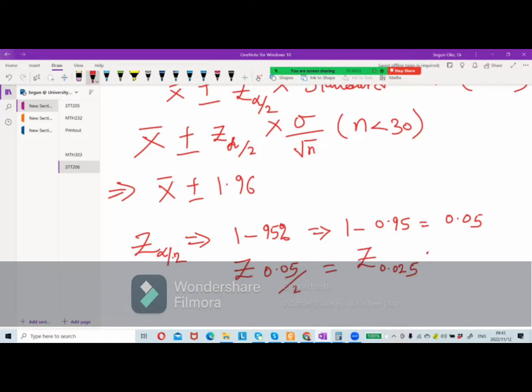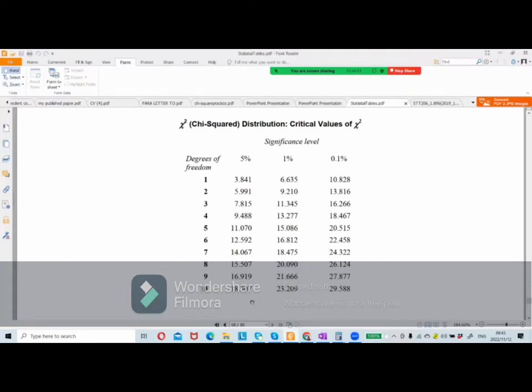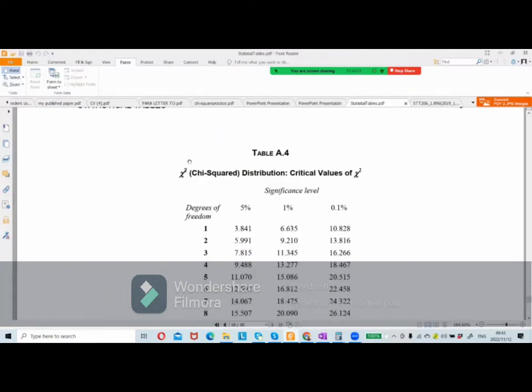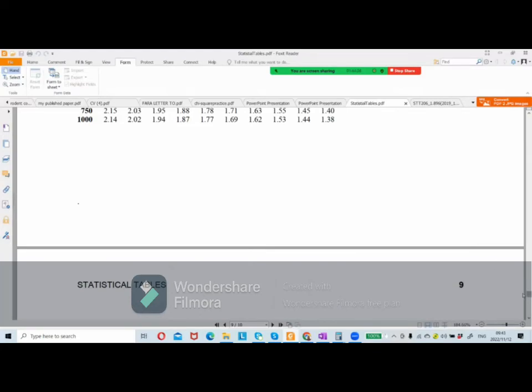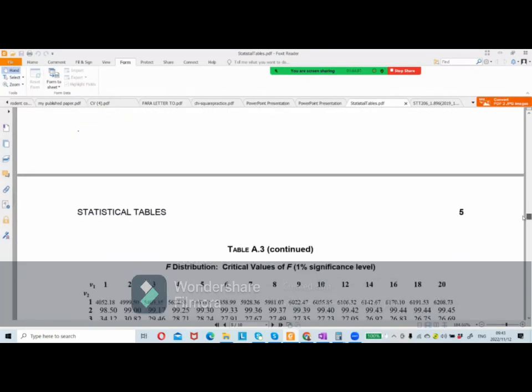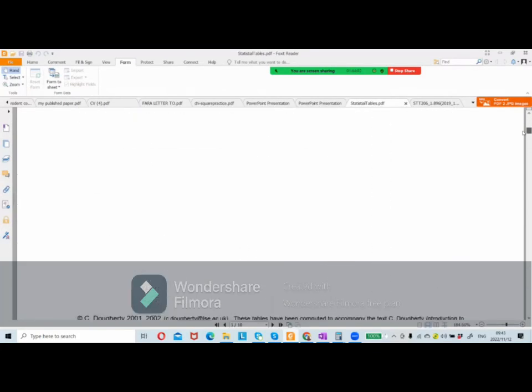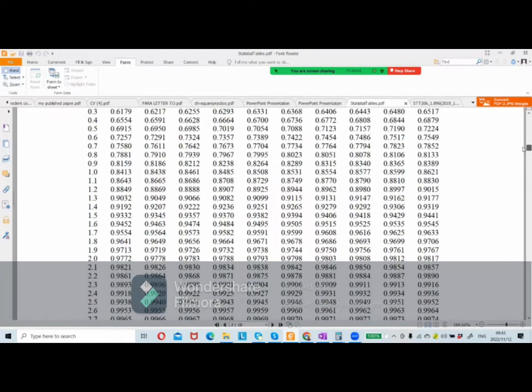So how do we now get 1.96? If you check your table, I'm not sure whether I uploaded the one that contained negative. They are symmetry. Anyway, let's go to the alpha.